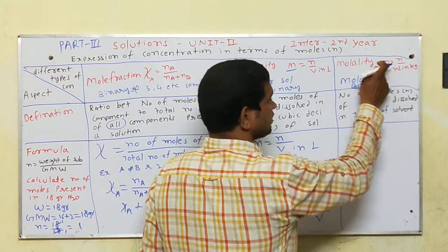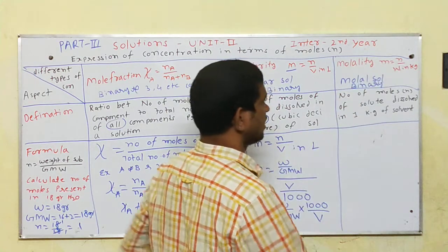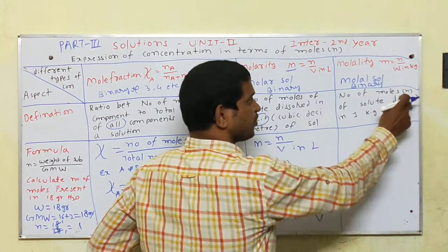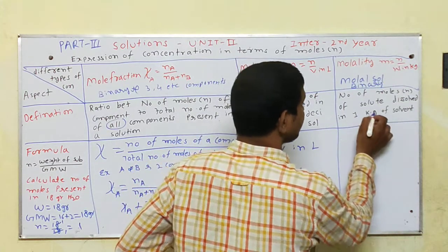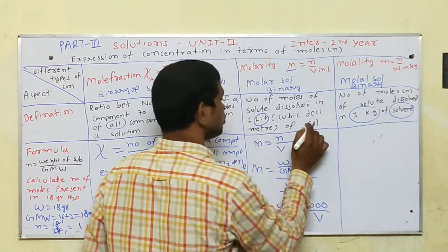Next, third one is molality. The definition of molality is the number of moles of a solute dissolved in 1 kg of solvent.